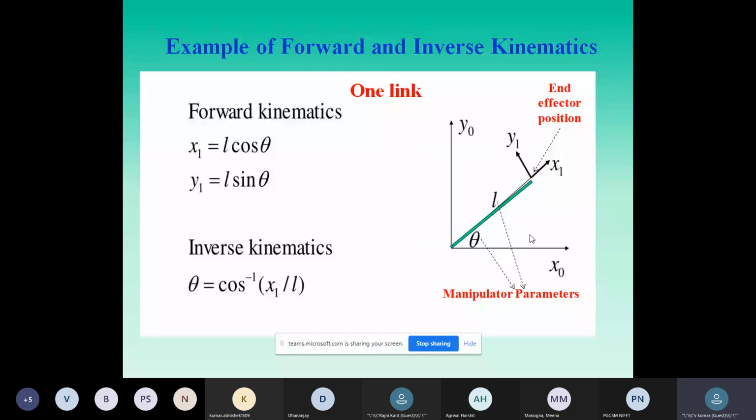This is forward kinematics, because I know theta and L1, so x1 and y1 can be calculated. What is inverse kinematics? Now I know x1, y1 and L, and we have to find theta. This is inverse kinematics: theta is cos inverse of x1 by L. We know x1 and L1, so theta is calculated. This is inverse kinematics. Okay?